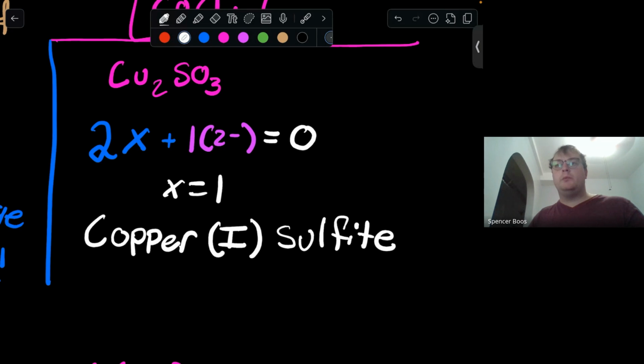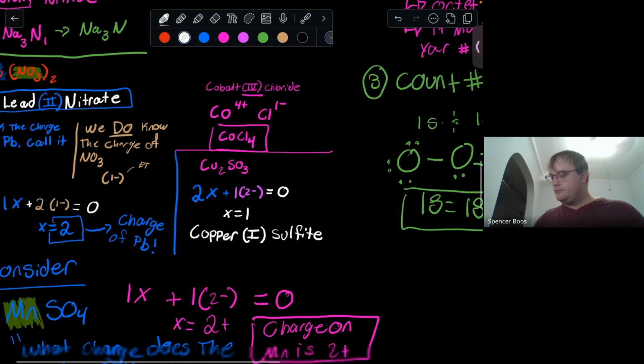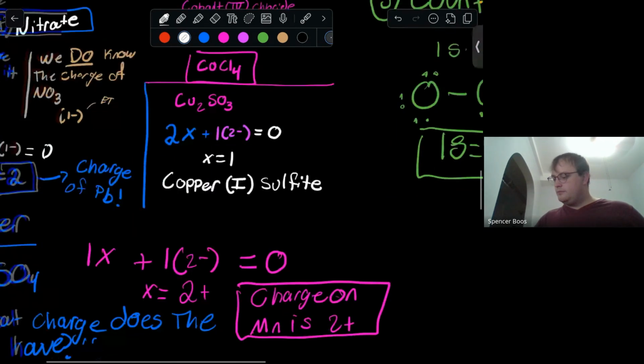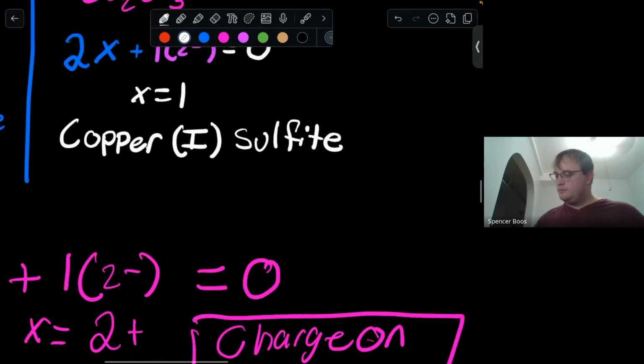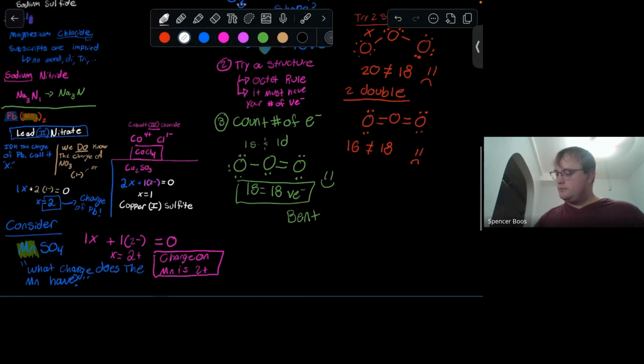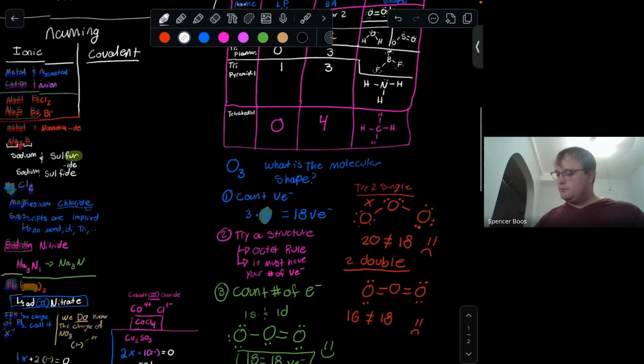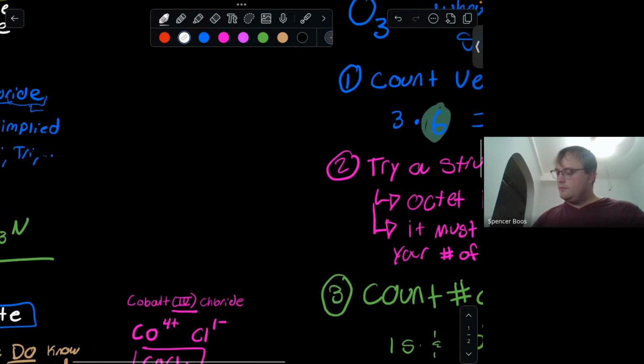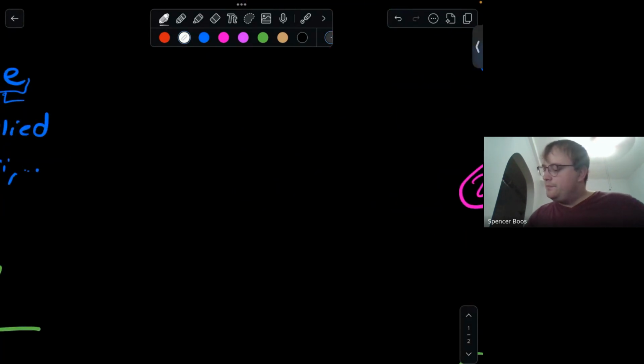We'll do one more of these of just naming an ionic compound, and then I'd like to do the one where it's asking us to do everything. Draw the Lewis dot diagram, draw the shape, everything like that. Let's do this one.